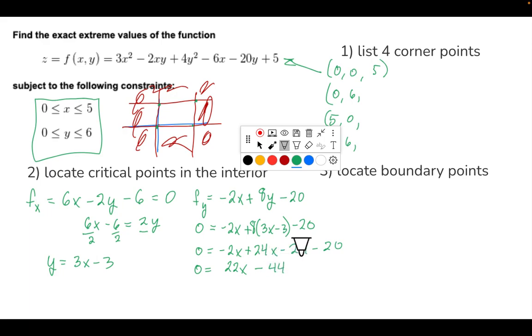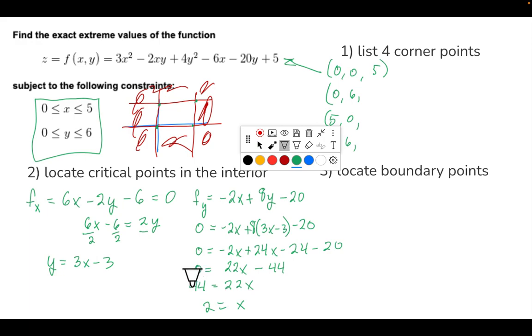Oh, this is looking nice. Add 44 to both sides. Divide both sides by 22. 44 divided by 22 is 2. So we get x equals 2.